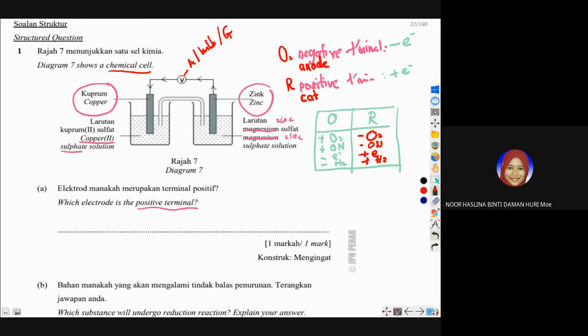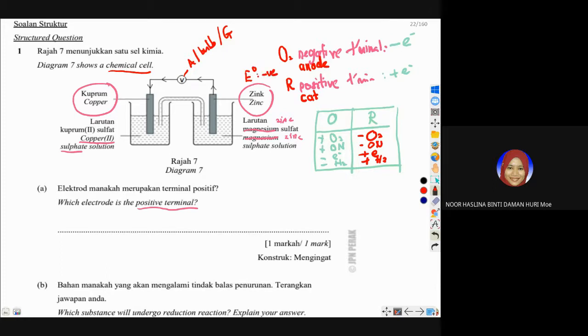between zinc and copper, you check which one has the higher position in the electrochemical series. Or from the E-value, you must look at which one is more negative. If it has the more negative value, it becomes the negative terminal. So zinc and copper: zinc has the negative E-value, it is more negative.